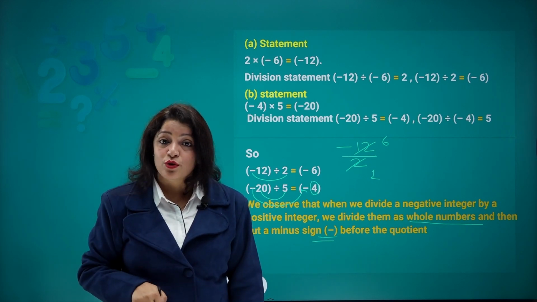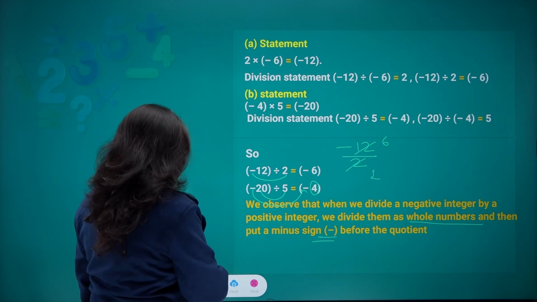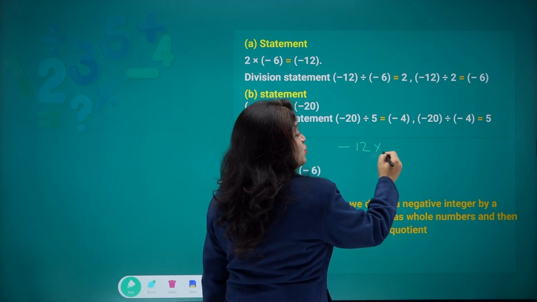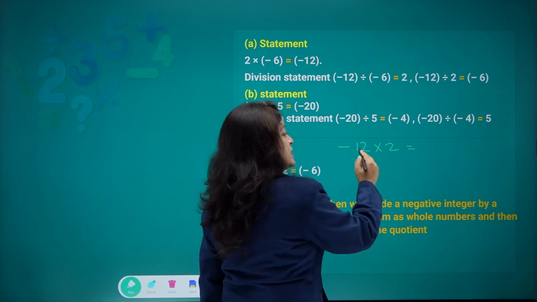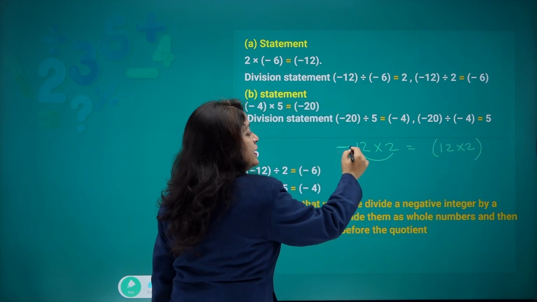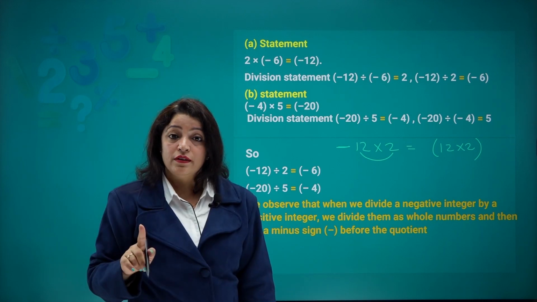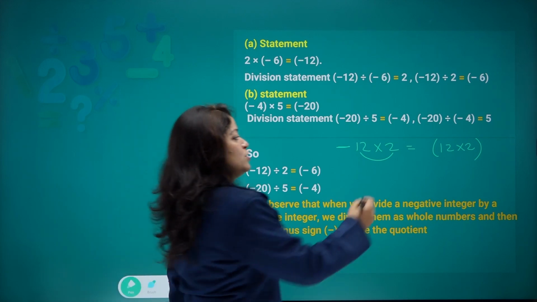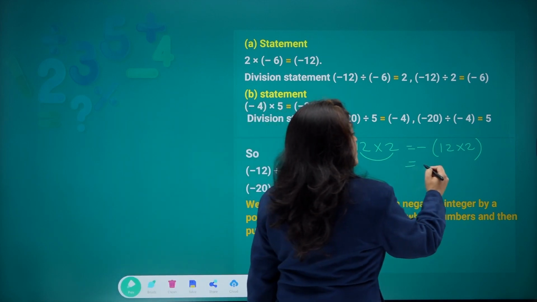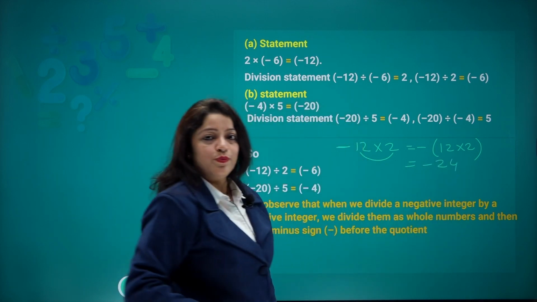In multiplication, if instead of division it is minus 12 times 2, we simply multiply 12 by 2, and how many negative signs are here? 1, an odd number of negative signs. So we put 1 negative sign, and the result will be minus 24, right?